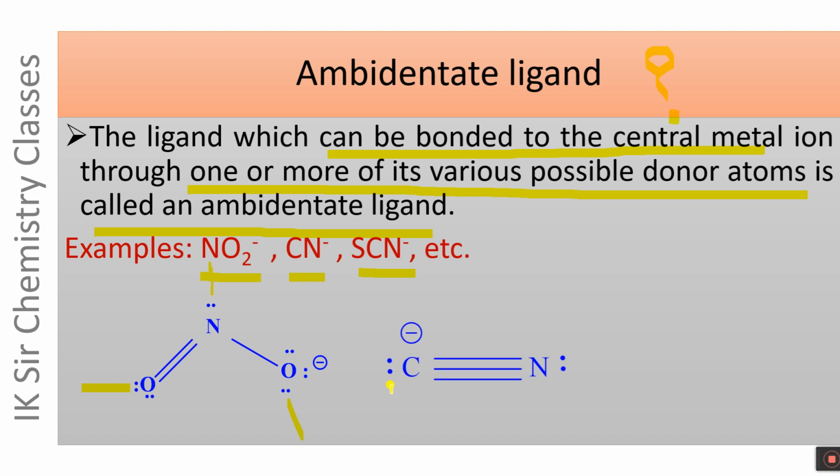Cyanide ion can be coordinated to the central metal ion through carbon atom or nitrogen atom because both of them have lone pair of electrons. Similarly, thiocyanate ion can be coordinated to the metal ion through sulfur atom or through nitrogen atom. All these three are examples of most common ambidentate ligands.